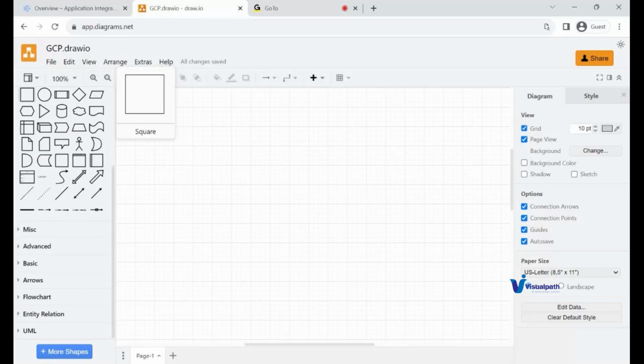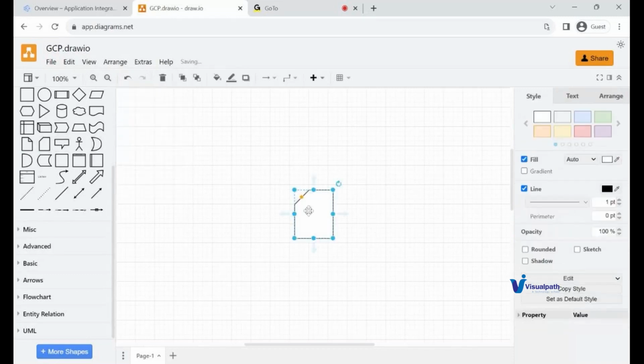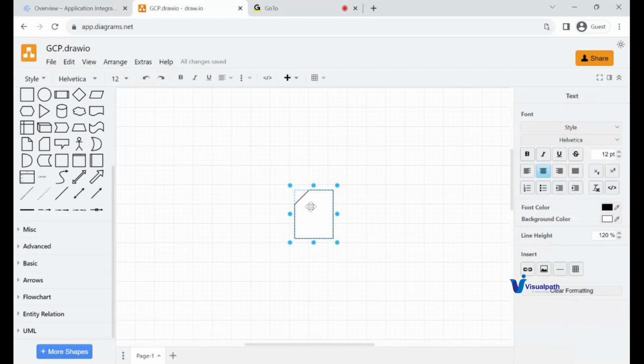So let me tell you a few characteristics. First would be on demand service. What I mean by on demand service is that we can rent instead of buying servers.